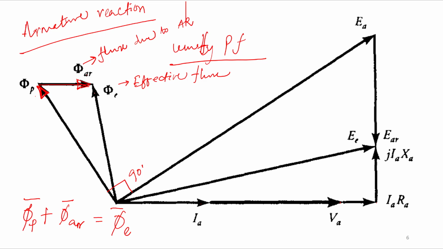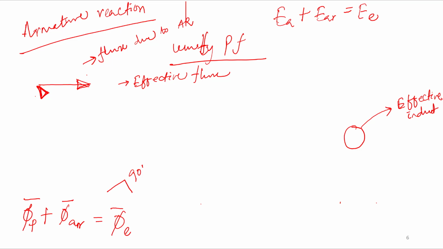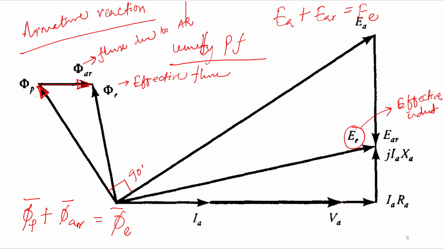Now with respect to the effective flux, we will have a voltage induced, called the effective EMF, mentioned here as EE, which is the effective induced voltage. What is the relationship between the effective induced voltage and the net induced voltage? EA plus EAR is equal to EE, right? Is it clear?